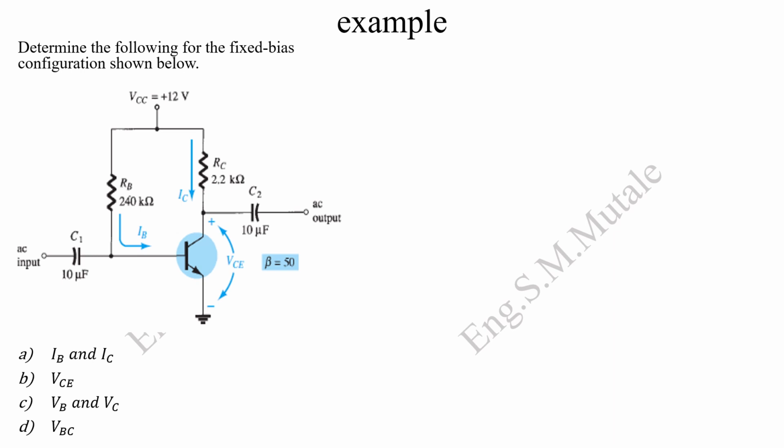Questions will be coming like this. When they give you a question on biasing configurations, they will have capacitors. But in DC biasing, we are not going to be considering capacitors, because whenever DC comes and looks at a capacitor, it sees an open circuit.